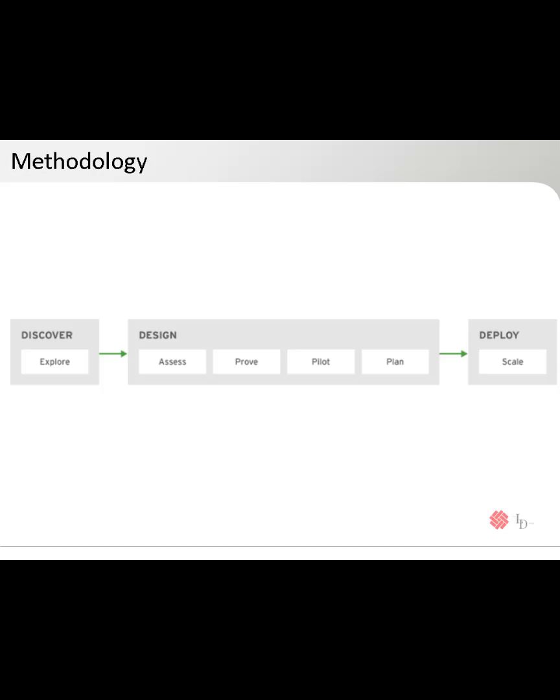The design phase is when you identify all the risks, define strategy and target architecture, prove the technology, and build the business case. This phase consists of the following steps: assess, prove, pilot, and plan. In the assessment, examine the existing infrastructure, architecture, technologies, and applications.